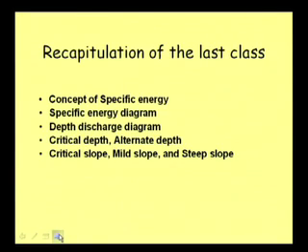We also talked about another term, called critical slope. When a channel is carrying a particular discharge Q, for a particular slope we can have uniform flow at the critical depth.